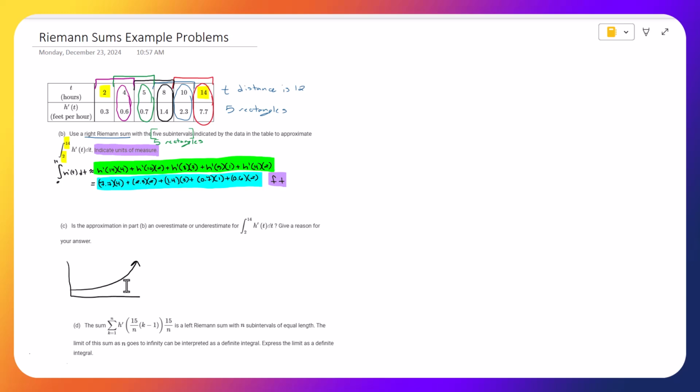This is my sketch. This function is increasing. If we were drawing our rectangles, we start at the right. I'm going to try and draw my rectangles. It's not going to be perfect, but this is kind of even subintervals when we're not supposed to be.